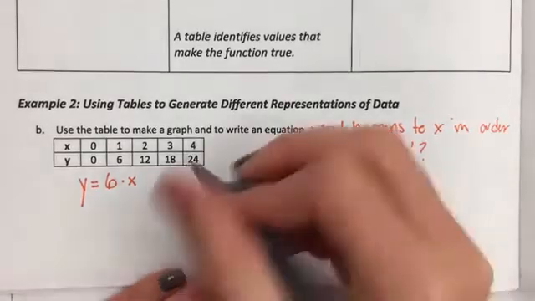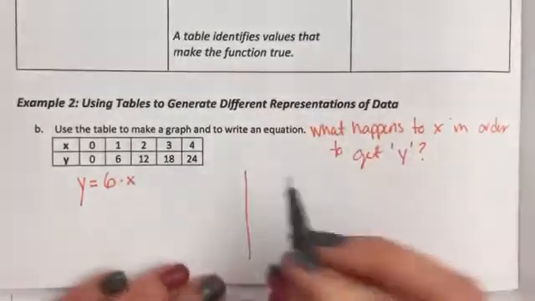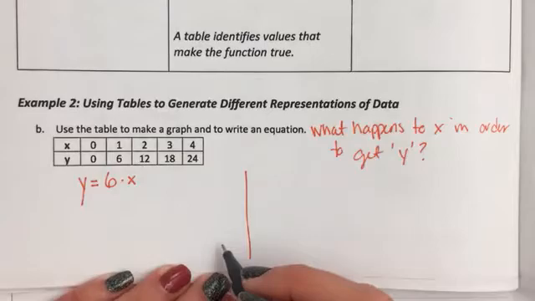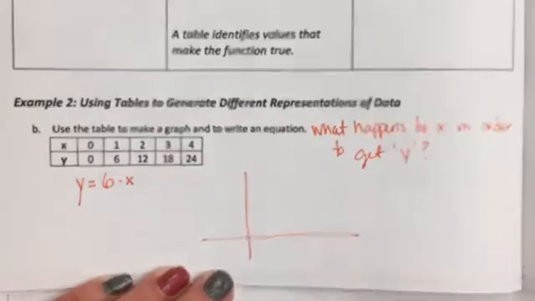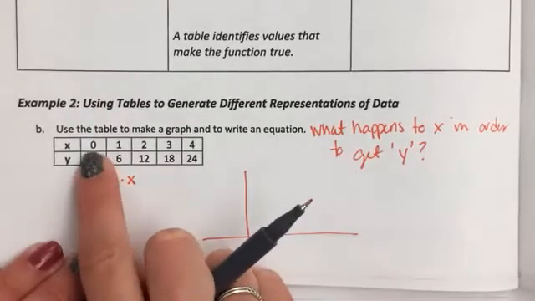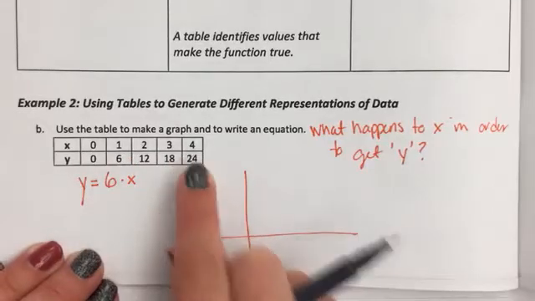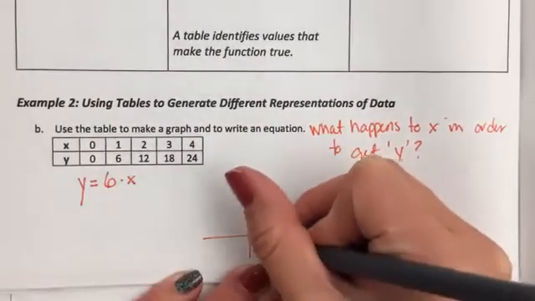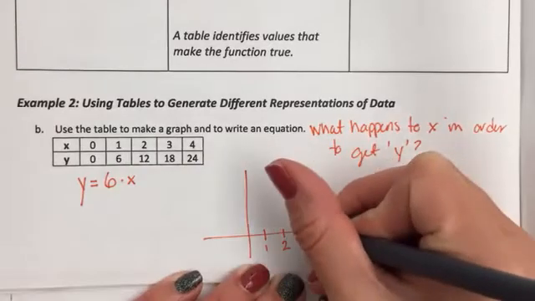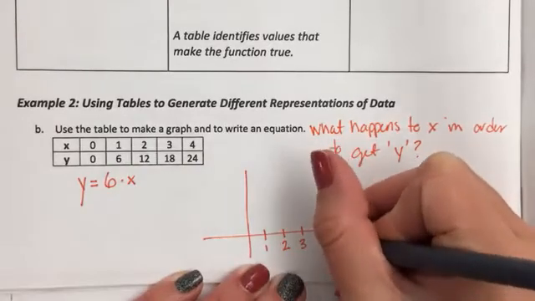Okay, so then if we were to sketch a graph, we can just sketch a graph. I know that these are all positive values, so I can kind of make my positive section larger. I label my axes based off of what numbers I have. So for example, I just have to go 1 through 4. So 1, 2, 3, and 4.